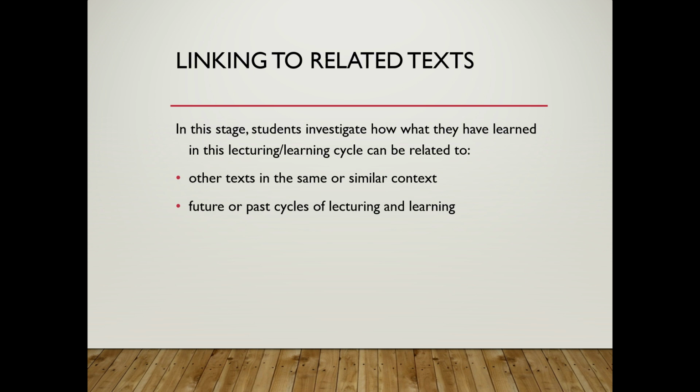Linking to related text must be in the stage. Students investigate how what they have learned in this teaching and learning cycle can be related to other texts in the same or similar context, and can also feature in past cycles of teaching and learning.